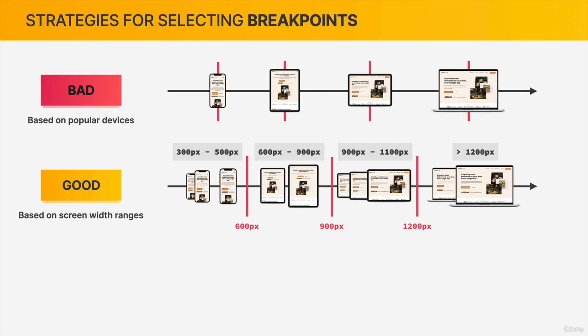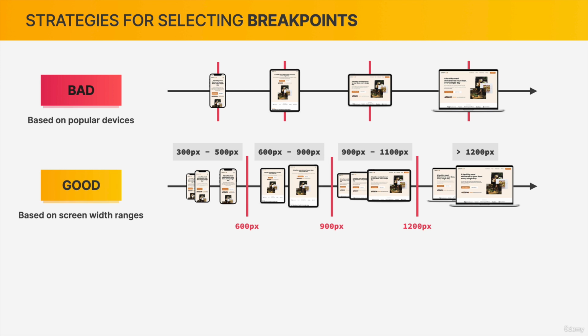And so therefore, we can place a breakpoint somewhere at 600 pixels. And the same works for other categories. So for example, most landscape tablets are between 900 and 1100 pixels, and desktops are usually above 1200 pixels. And so we can put a media query, for example, at 1200 pixels. So that is our breakpoint here. All right.